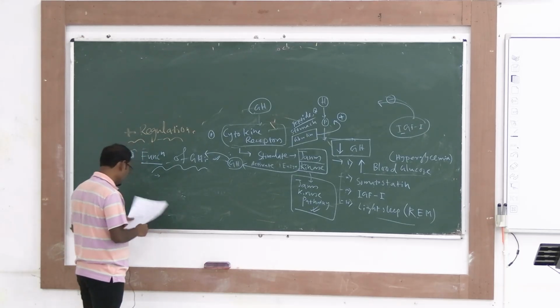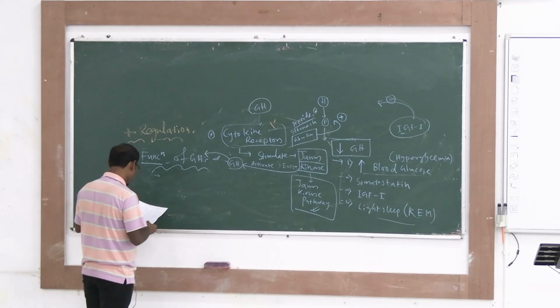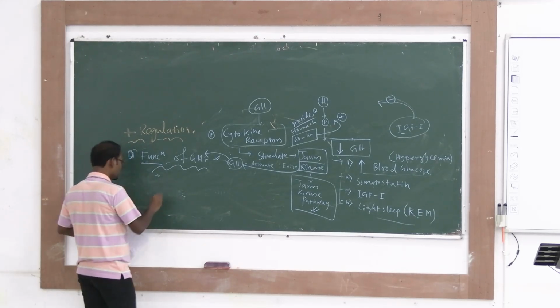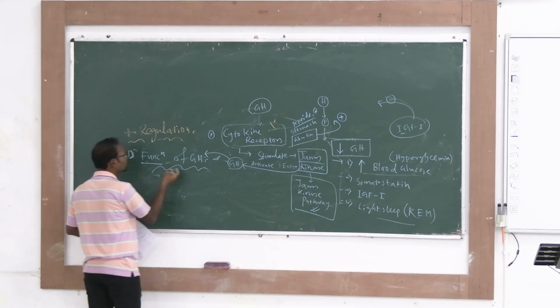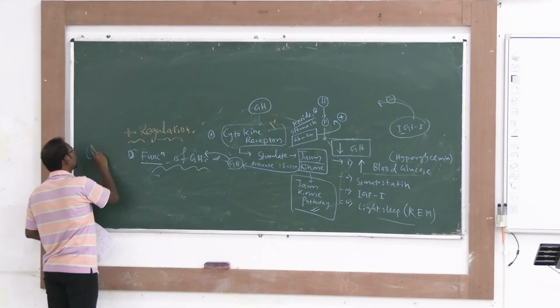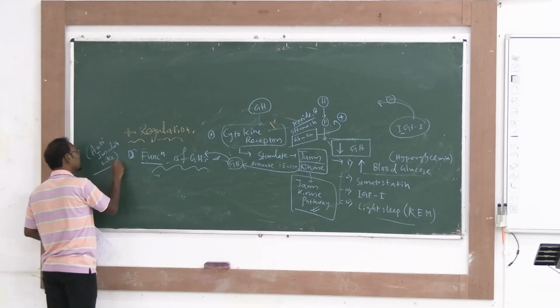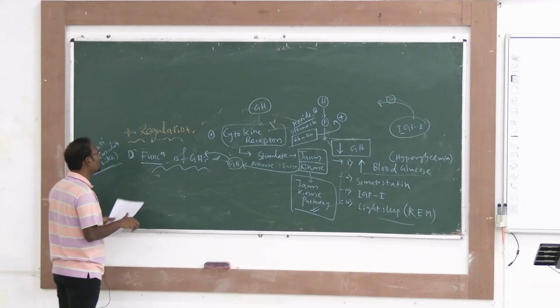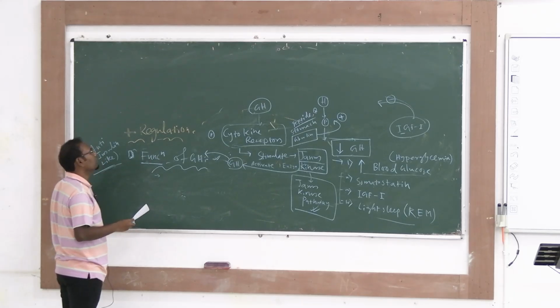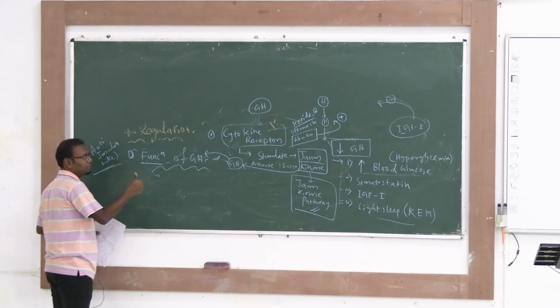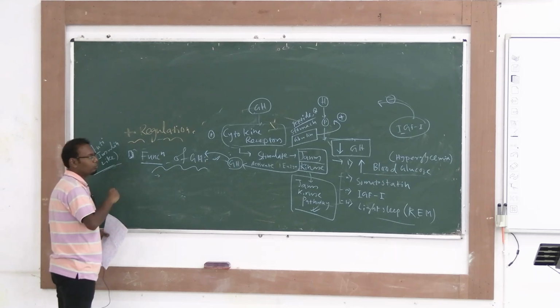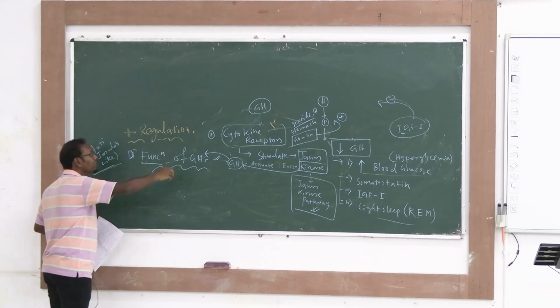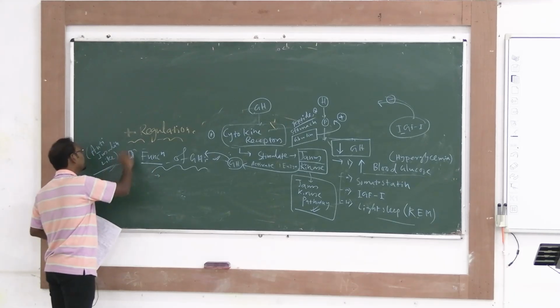Write down the direct functions. First, remember the function of growth hormone is anti-insulin like; it will do the opposite of insulin's function. Why? Because hypoglycemia was increasing the release of growth hormone and hyperglycemia was decreasing it, so it has an anti-insulin like function.